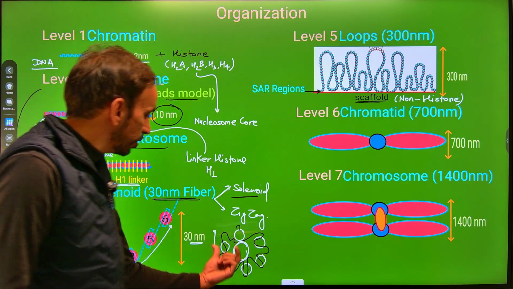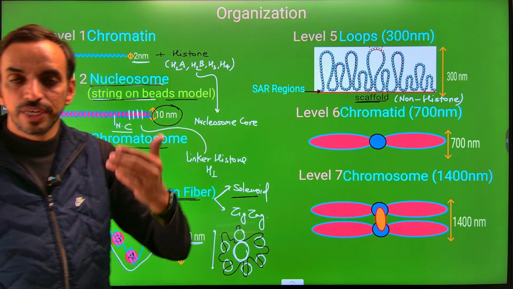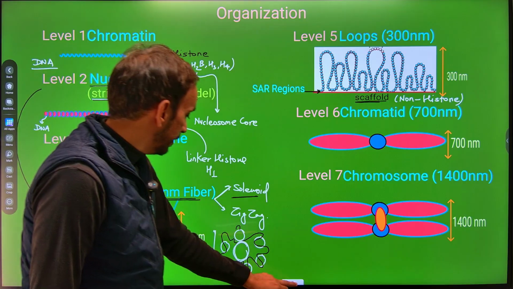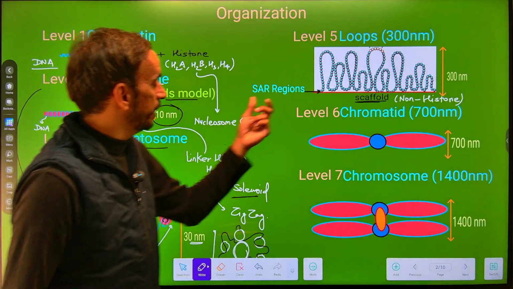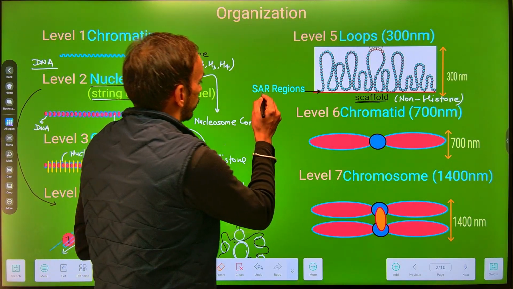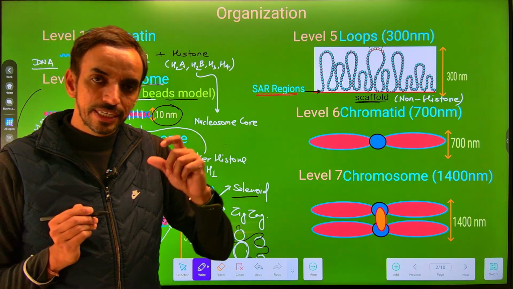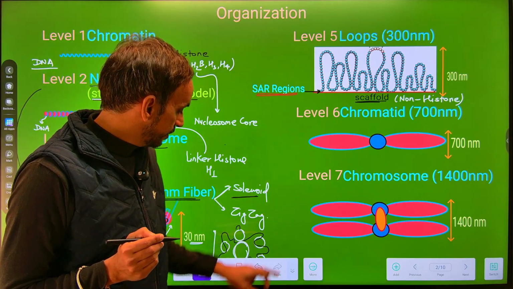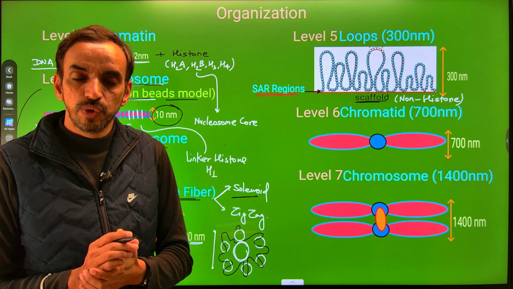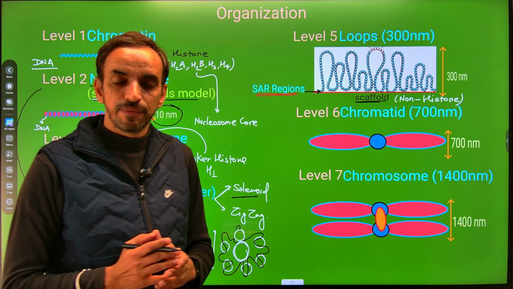So there is an association of the 30 nm fiber with some non-histone proteins known as scaffold proteins, and this interaction occurs through the SAR regions of the 30 nm fiber. The SAR regions, that is scaffold associated regions, interact with the scaffold protein. These are the AT rich regions that interact with the scaffold protein.